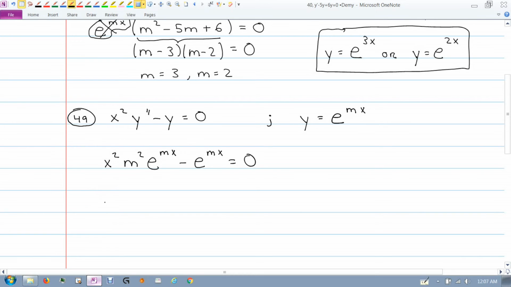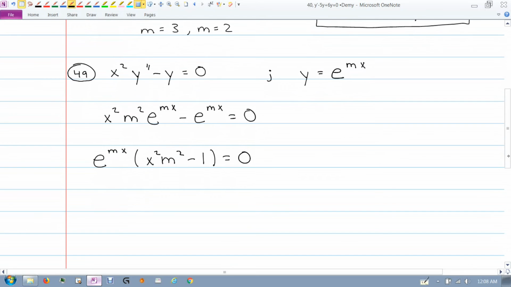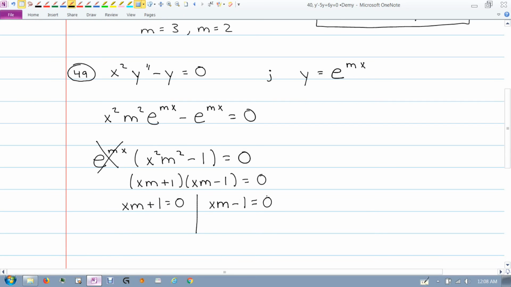If we factor out e to the mx, we get x squared m squared minus 1 equals 0. Again, we can get rid of e to the mx because that can never be 0, and we can factor this as a difference of squares. xm plus 1 times xm minus 1 must be 0. That would mean xm plus 1 would have to be 0, or possibly xm minus 1 would have to be equal to 0.